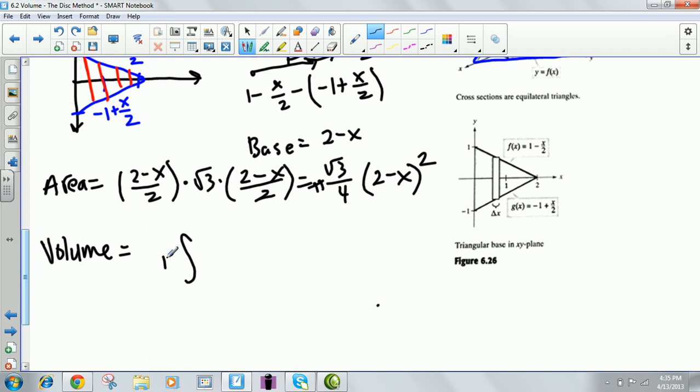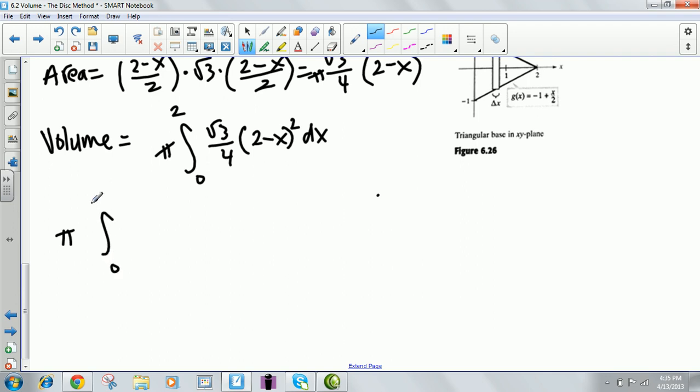So then it's going to be pi, and you're going to go from, in this case, 0 to 2 on your x-axis. And radical 3 over 4 times the radius squared, so that was 2 minus x quantity squared, with respect to x.